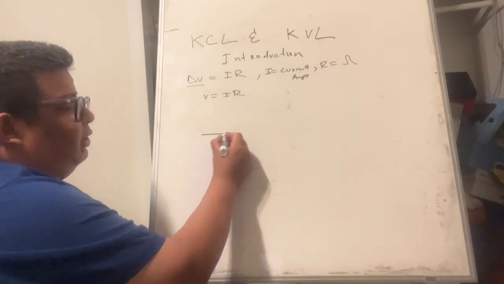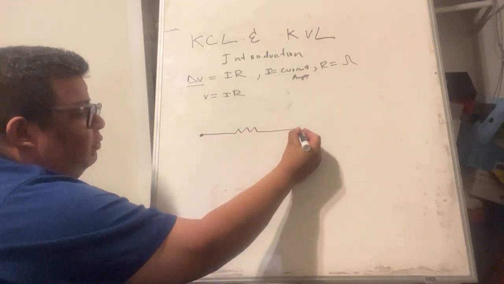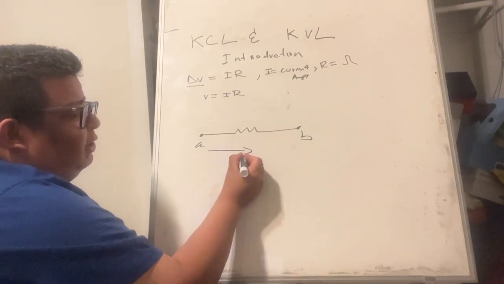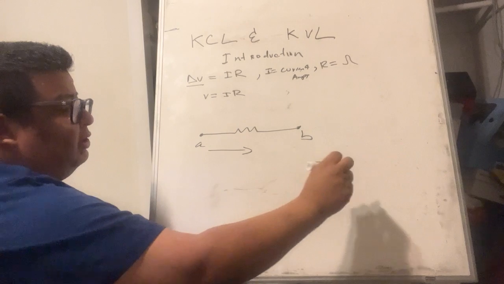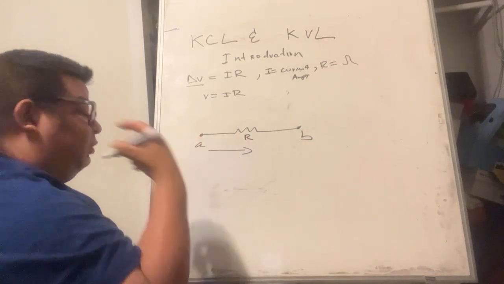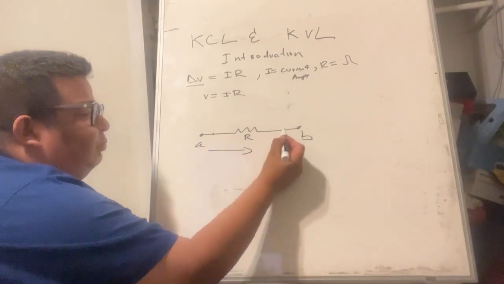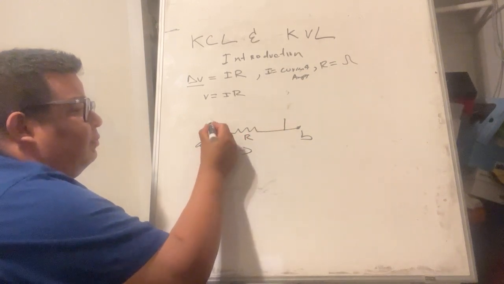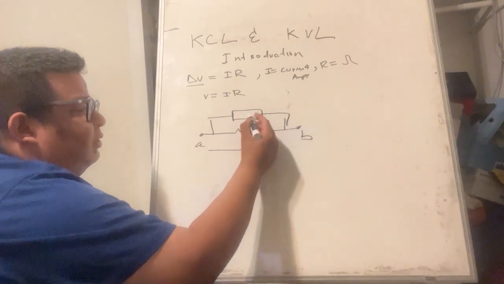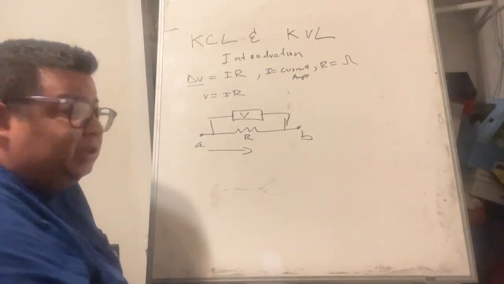And remember, for a resistor, if you have point A and point B, and the current goes in this direction, and this is resistor R, then to measure the voltage we take two probes and measure across the device.